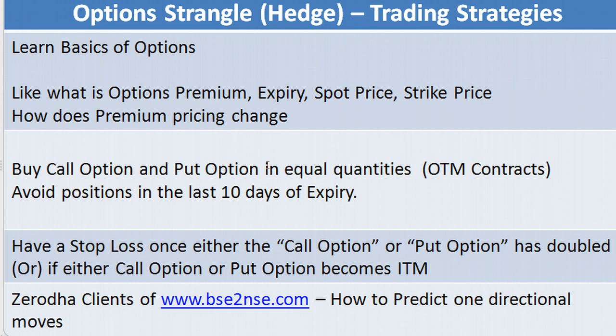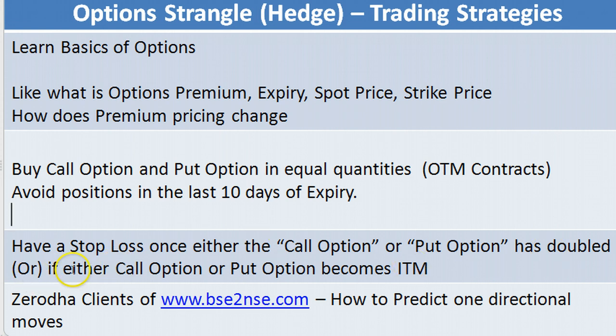So with both put together you will have an opportunity to exit at 240, but your investment is only 100 plus 100, 200. So basically a simple strategy is to invest equally and have a stop loss once either the call option or the put option has doubled. That way you are safeguarding your capital, and you're making sure you'll be in profits for sure.